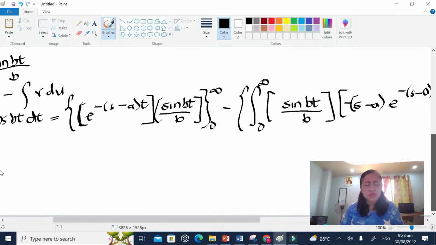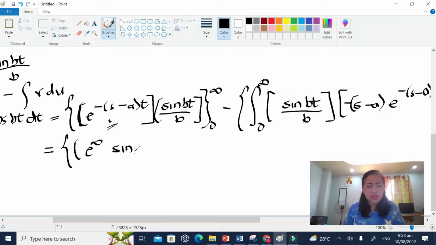In the first term, if we substitute the upper limit, that will become e to the infinity times sine of infinity, minus e to the 0 times sine of 0. What happens here? If our value is e to the negative infinity, this will become 0.